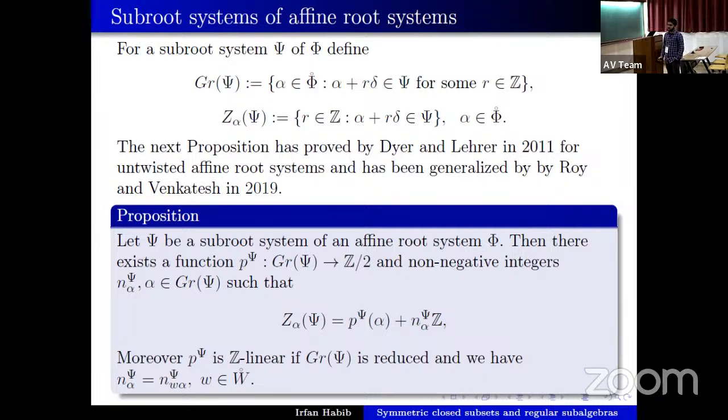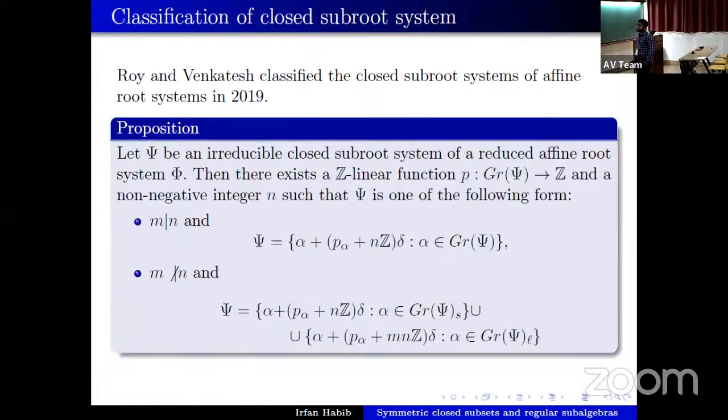Then there exists a function and non-negative integers n alpha so that these Z alphas are cosets of the subgroup n alpha Z. Moreover, this map is Z-linear if the gradient is reduced, that is, there is no irreducible component of type BC_n. And we also have that n alpha is the same on each W0 orbit.